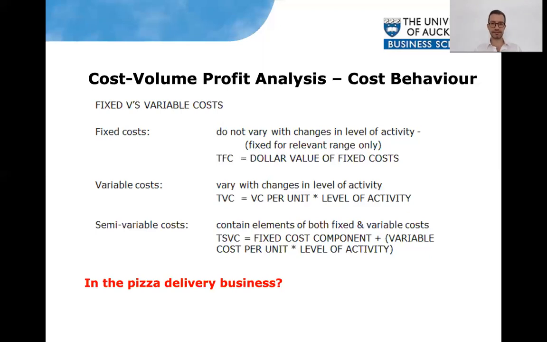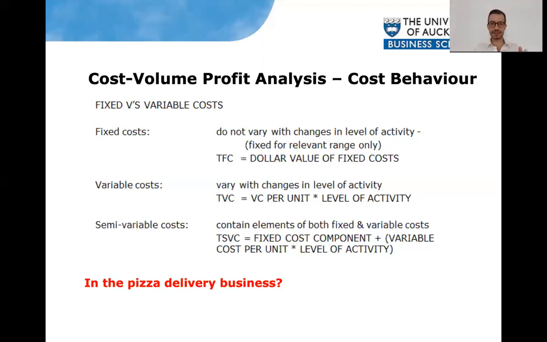And then there will be some called semi-variable costs. So these are costs that are a mix of the two. For example, you can think in the case of the restaurant about waiters. If you have 1 to 10 customers, maybe you can have 1 person working as a waiter.